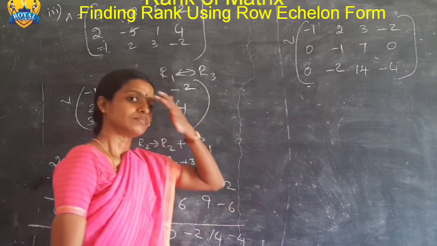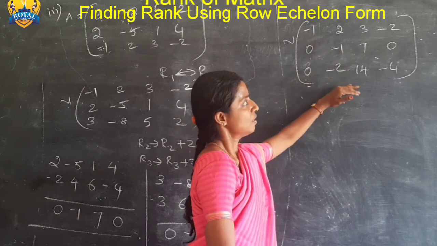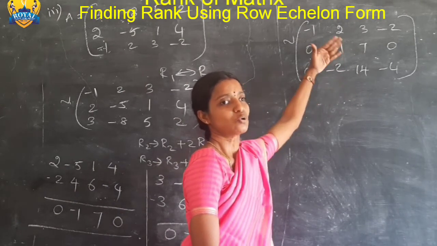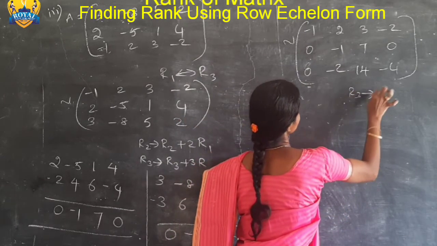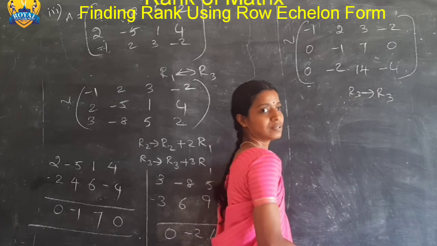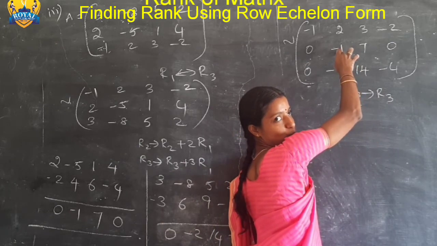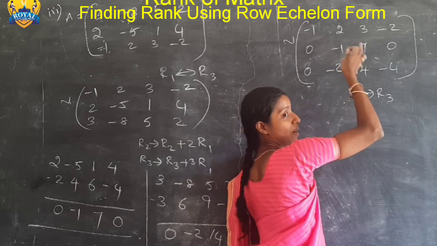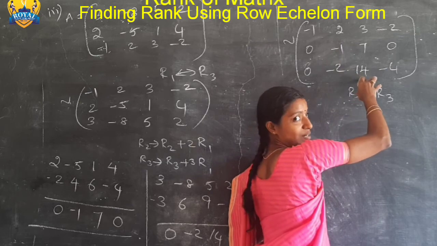So when I see it, I have got some connection between row 3 and row 2. So my R3 implies R3 with what should I multiply and subtract? Multiply by 2. So 2 ones are 2, minus 2, minus of minus 2 becomes plus 2, 0. Here 14, minus 7 2s are 14, 0.